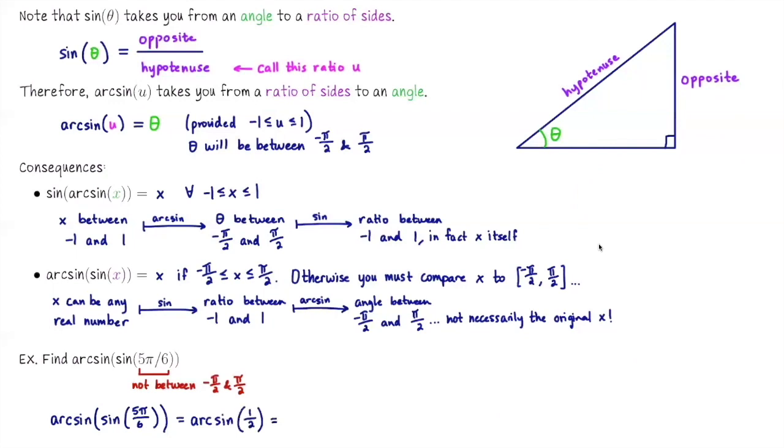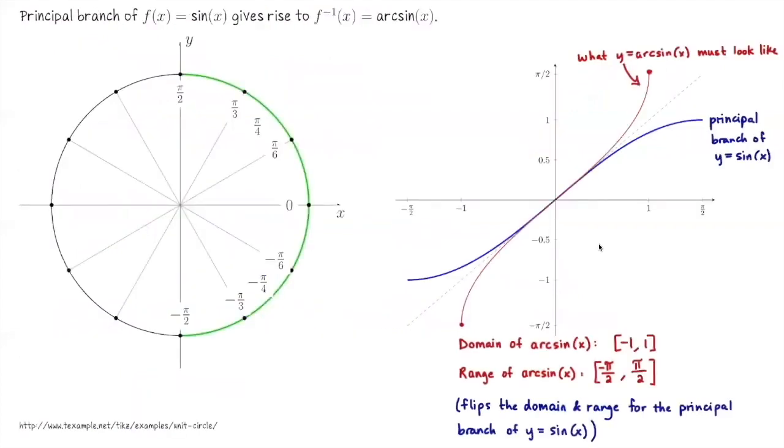It's possible that that's just something you have to do in the calculator, but because this is a special angle, we can work it out by hand. It's pi/6 because pi/6 is the angle between -pi/2 and pi/2, whose sine is equivalent to the sine value at 5 pi/6. So that's how the composition works in this direction.